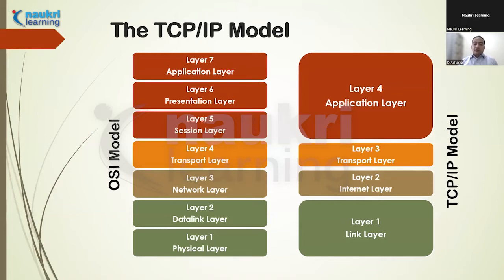Then layer 3 of the OSI model, which is the network layer, corresponds to layer 2 of the TCP/IP model, which is the internet layer. And the last 2 layers of the OSI model, layer 2 and layer 1, correspond to layer 1 of the TCP/IP model. So this is how the layers are arranged in the OSI model as well as in the TCP/IP model.